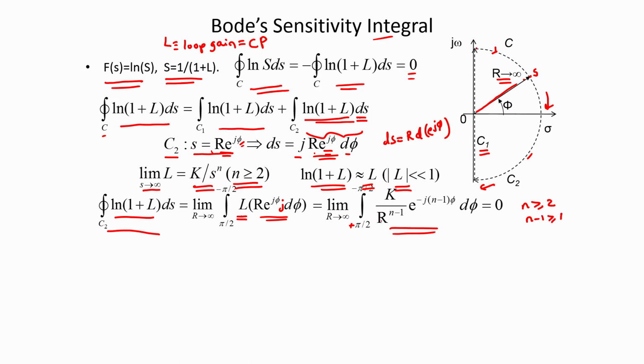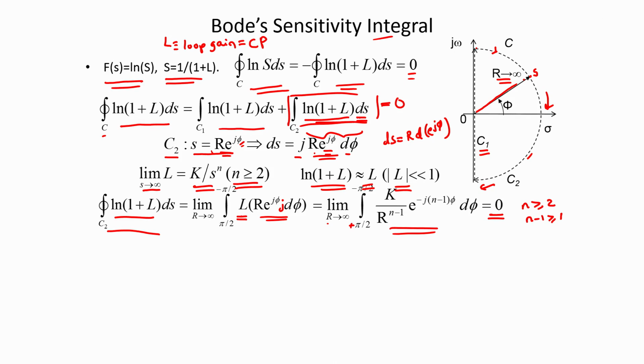Since we have the term r to the power n minus 1 in the denominator of the integrand, and we are tending the radius r to infinity, this particular integral, namely the integral over C2 of ln of 1 plus L ds, is going to be equal to 0. So, the second integral here has therefore been shown to be equal to 0 as a consequence of the simplifying steps that we undertook just now.